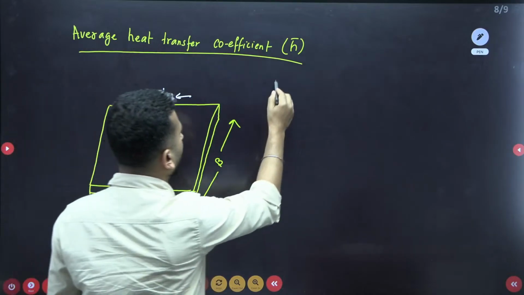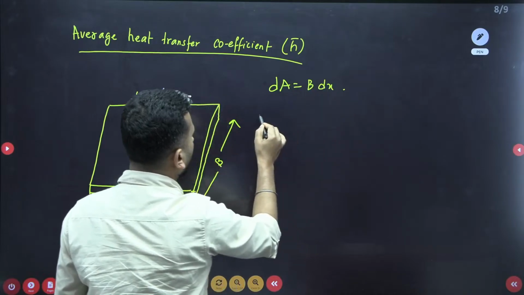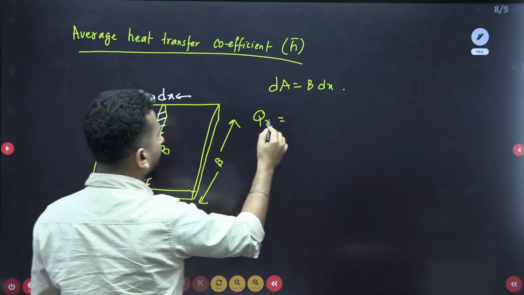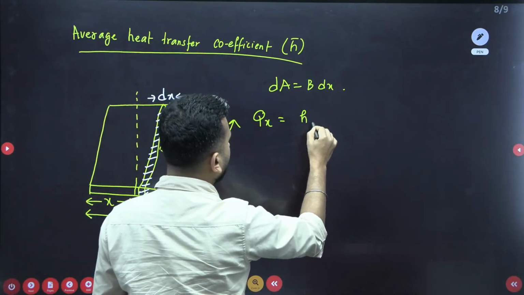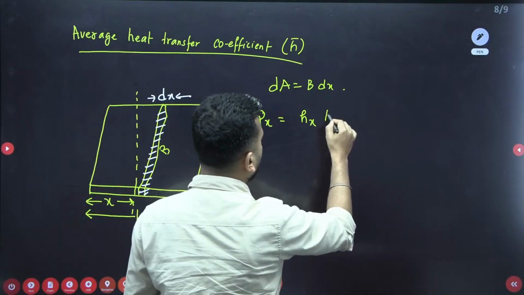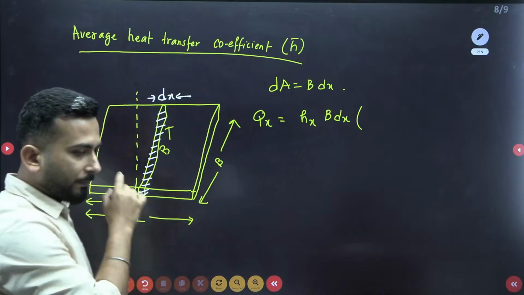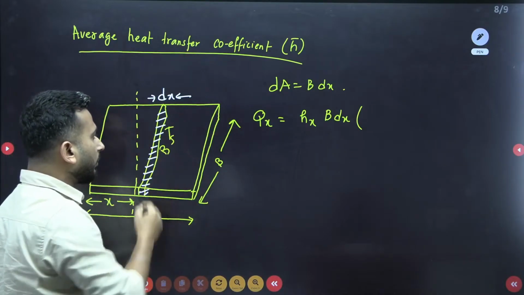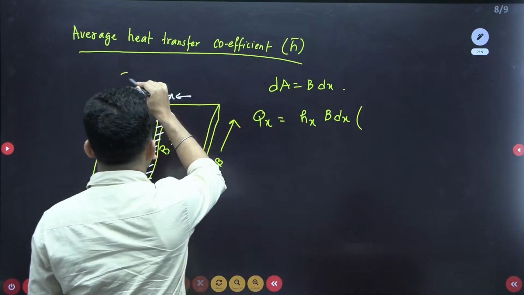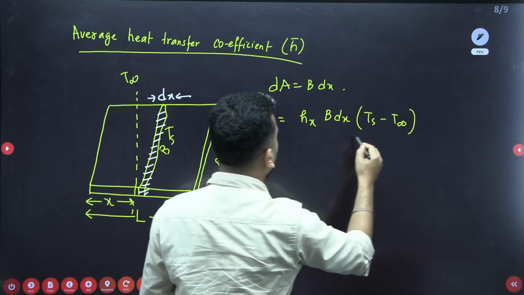So elemental area will be b into dx. If I ask you what is the heat transfer from this dx area, you will say Hx, its heat transfer coefficient, into area b dx, and let us say the temperature Ts is maintained throughout, and ambient is T infinite, so Ts minus T infinite, okay.